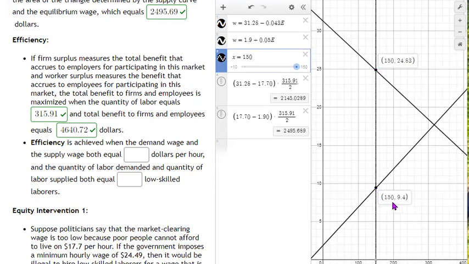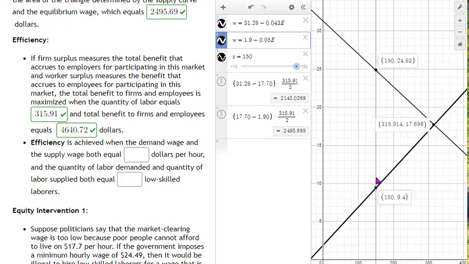That 150th employee is willing to do the job for $9.40, right? So if only 150 are employed, all these people want to be employed at this market wage. And the firm wants to hire people with these valuations at that wage, and workers with these reservation wages would love to work at that wage, right?